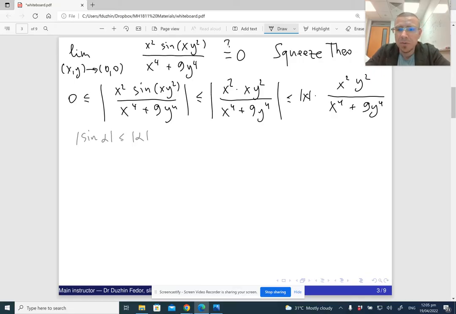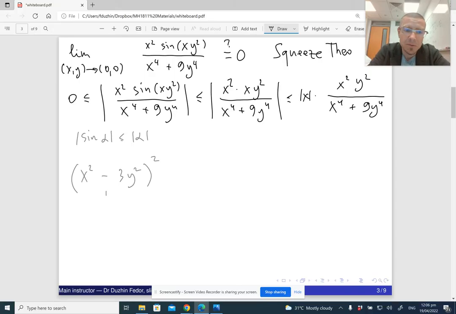I want to relate x squared y squared and x to the 4 and y to the 4, which comes from squaring something like x squared minus 3y squared. Because if you square this thing, you will get x to the 4, you will get 9y to the 4, and you will get x squared y squared, right?